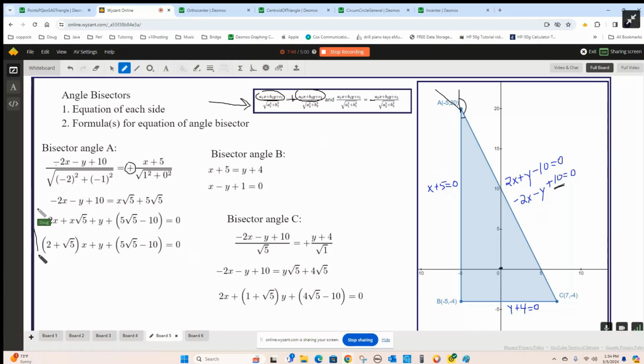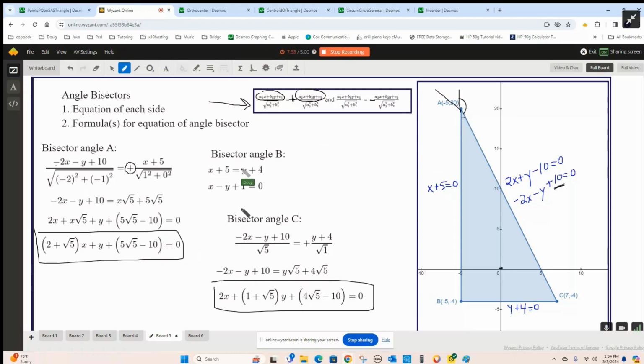And boy, that's a complicated looking equation, but that's what it comes out to be. And similarly for the bisector of angle C, we do something very similar. For the bisector of angle B, since this is a 90-degree angle, we could just say this is a 45-degree angle and come up with the equation a little differently than using this formula.